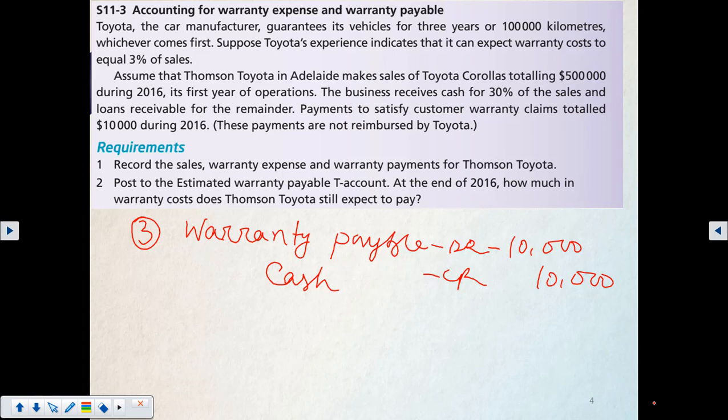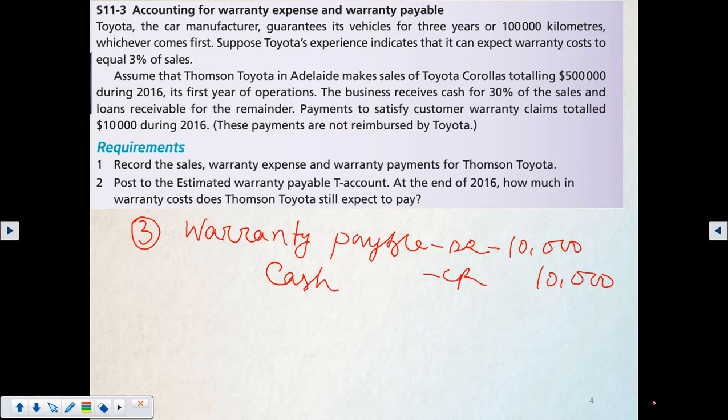Now the second question is: post the estimated warranty payable T account at the end of 2016. How much in warranty cost does Thomson Toyota still expect to pay? Can you draw a T account for estimated warranty payable and see how much balance they will still have to pay? It's easy, even without a T account we can do it. How much? Look at your journal entry.